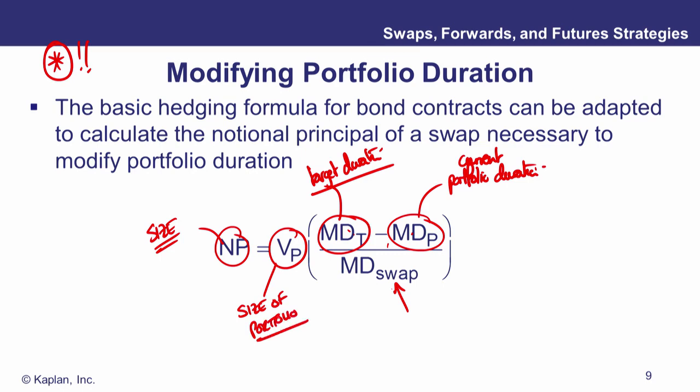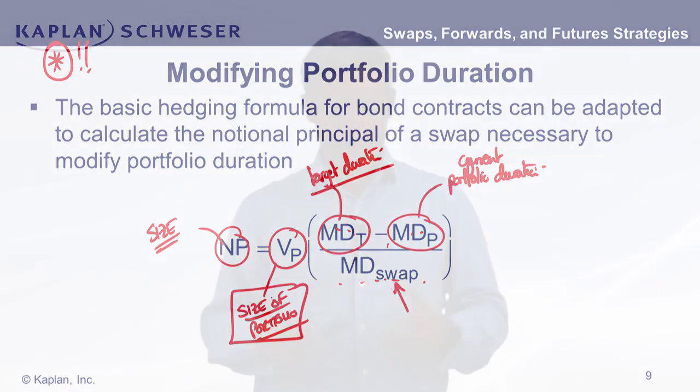So if you like, this term in the brackets here is telling you what change in sensitivity, it's dealing with sensitivity. It's looking for the change that you're after relative to the change that one swap brings, all right? And then you're scaling up for the size of the portfolio. Okay, very important equation. It's kind of like on the real top of the hit list for your exam, okay? Let's make sure we can use it.